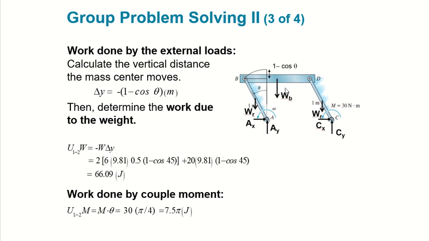We have two things going on, this part and that part, so therefore you have two of them. Of course, your delta y is 1 minus cosine theta, and your theta is 45, as given in your problem. So we're going to put 1 minus cosine 45.